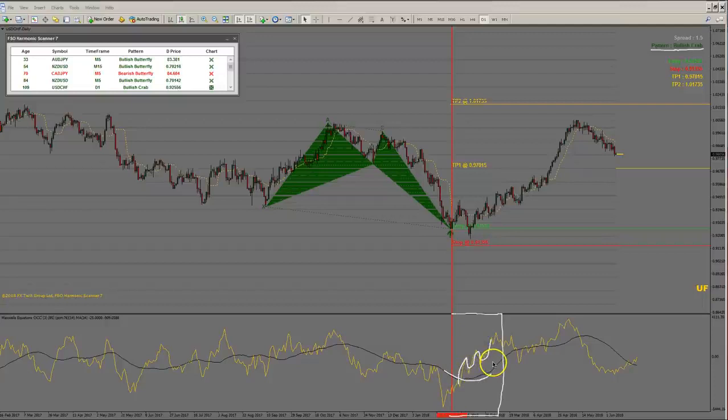Okay, so the indication is very clear that the price will go up somehow and run into your take profit zones. Okay, but this is still not the confirmation to execute the trade. What you need to know, or on what you need to wait.